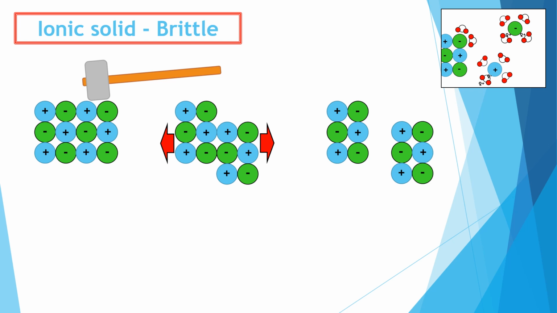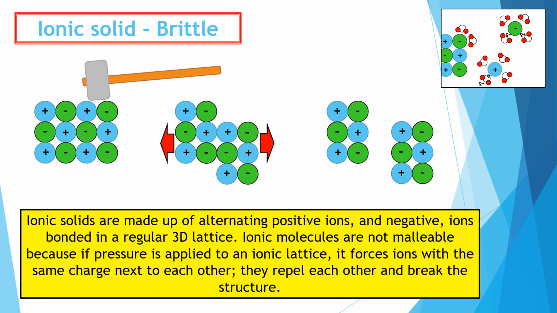The crystal that is this ionic solid will break, and it's not easy to put it back together again. It'll break in these nice clean lines, or sharp breaks, which is distinctive of ionic solids, and it's because the ions become adjacent to ions of a similar charge.